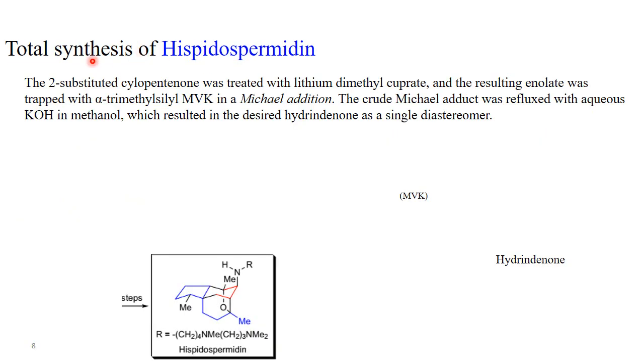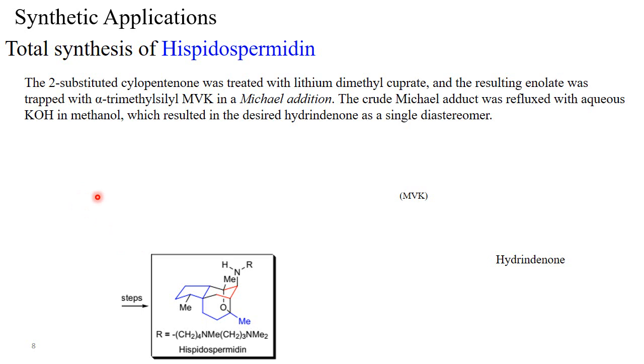We are discussing the synthetic application of Robinson annulation reaction, and the first application is the total synthesis of histidospermidine. Robinson annulation reaction is involved in the preparation of intermediate required for the total synthesis of histidospermidine. That intermediate is hydrindenone.